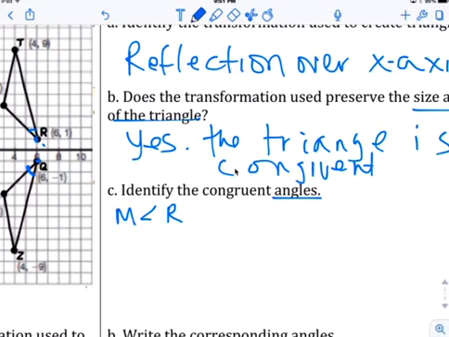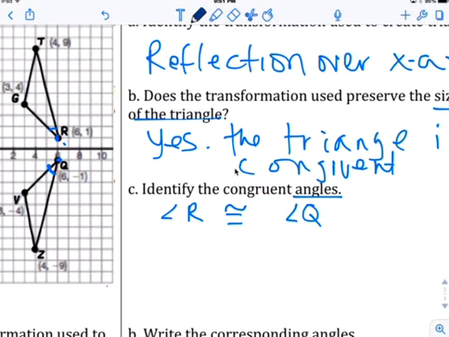The measurement of angle R is congruent to the measurement of angle Q. Or you can just put angle R is congruent to angle Q. Okay? And let's take T. T is this one here. It's congruent to this one. So angle T is congruent to angle Z. This is a congruent symbol. It has an equal sign with a little squiggly on top. That's congruent.